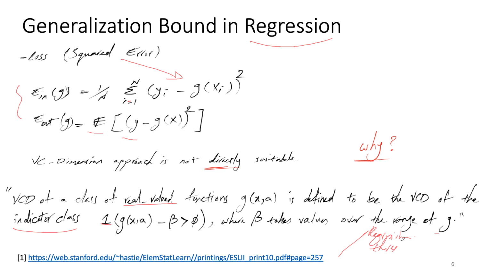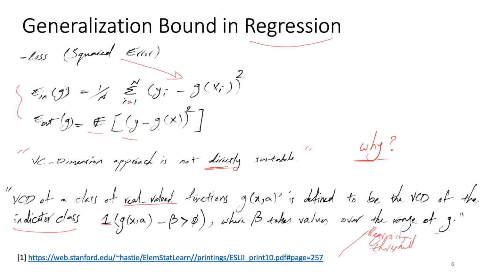If you recall the bank application, we would find a threshold below which the credit card application would be rejected, and above which it would be accepted. That's why we say this is not directly suitable: it's not directly able to get the upper bound of the complexity for the regression. Rather, it could get the complexity of the threshold value.